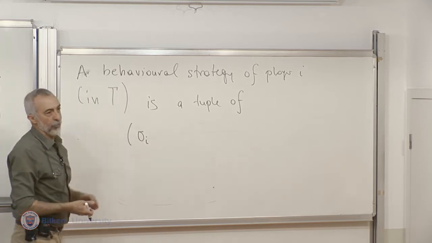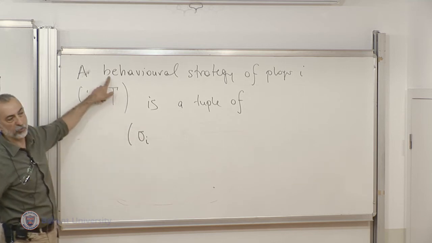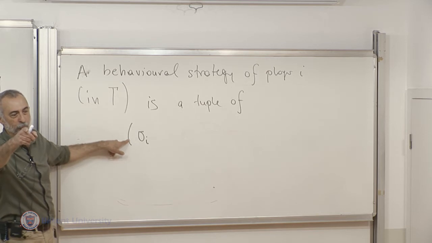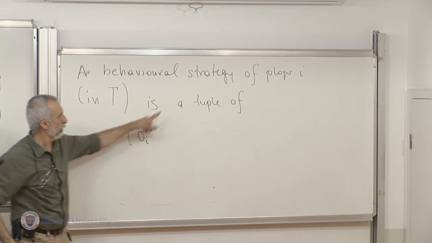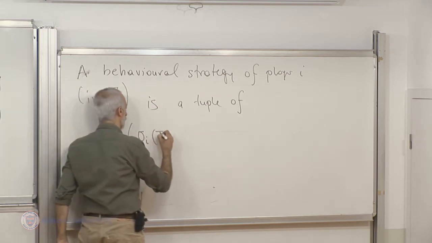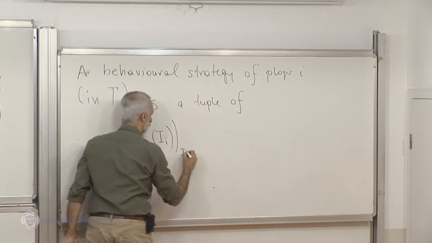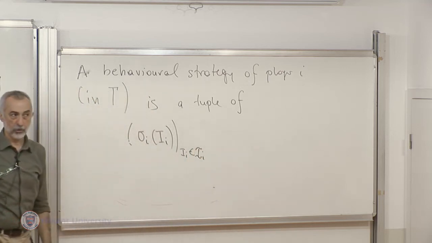So actually, normally I would like to use beta for behavioral strategy, but we keep the letter B. We reserve the letter B for what your friend mentioned, beliefs. That's why I'm going to use sigma for strategy. Okay, sigma capital I, where capital I is an information set of agent I.